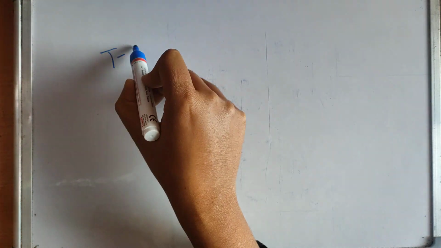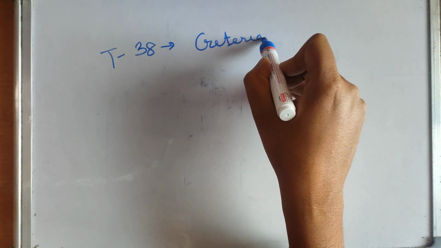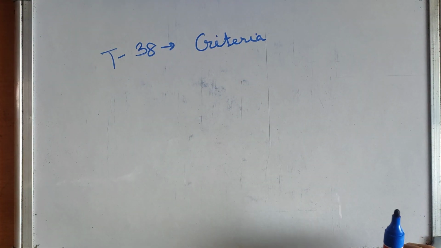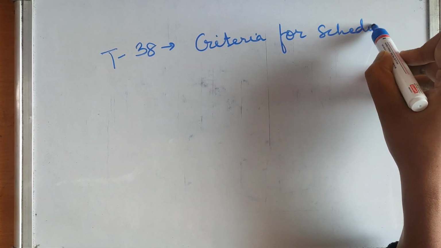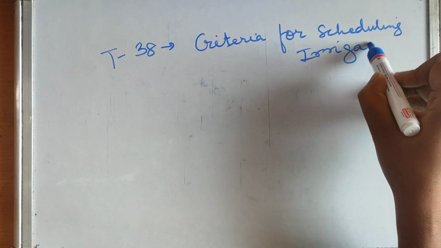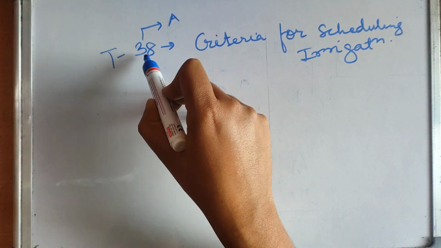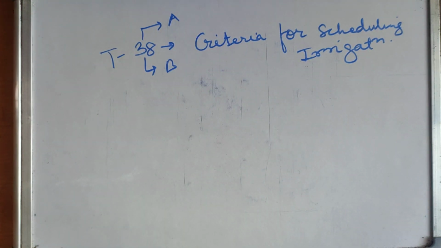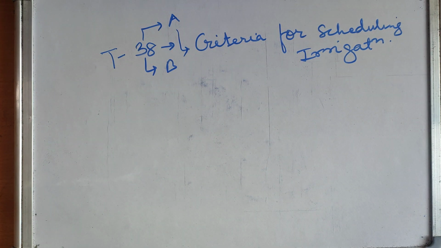So today we are going to do topic 38, that is criteria for scheduling irrigation. We will divide this topic in two sessions, 38A and 38B, and today we are going to do topic 38A, criteria for scheduling irrigation.